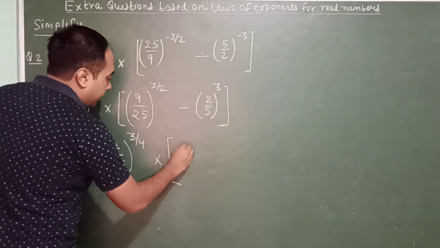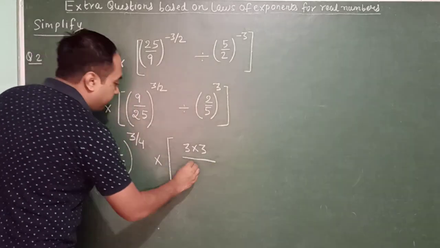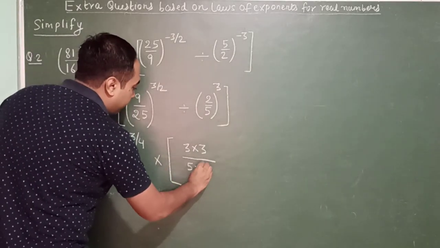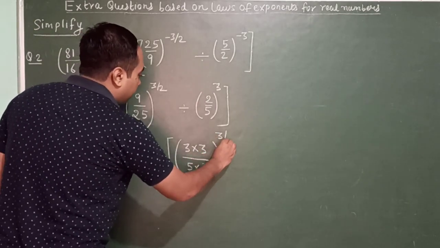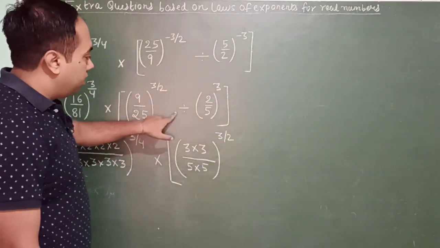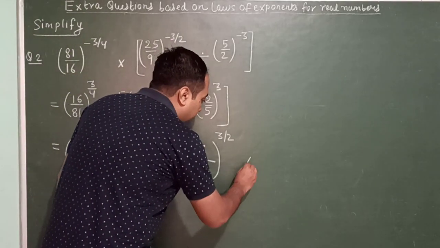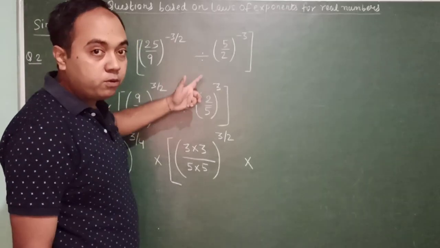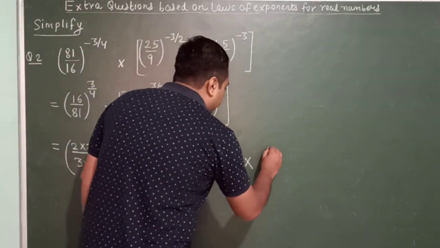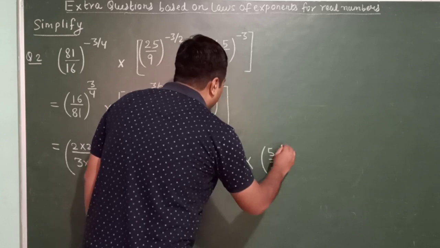Now this 9 can be written as 3 into 3 upon 25 will be written as 5 into 5, whole power 3 upon 2. Now remove this divide sign. This divide sign is removed by multiplication sign, and whatever fraction is written over here, it gets reciprocal. So this will become 5 upon 2 whole power 3.